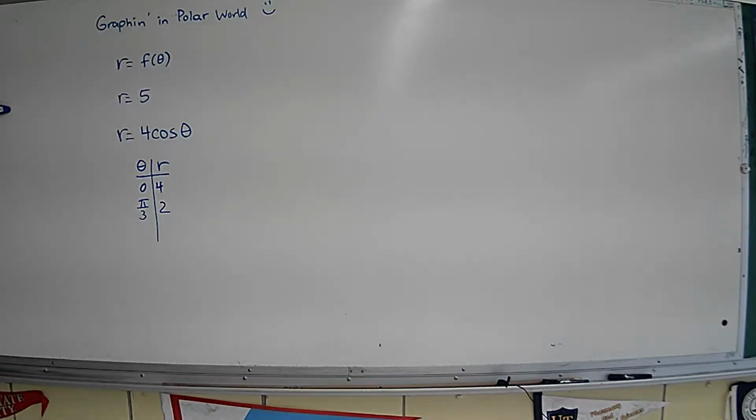Okay. So now let's look at this graph for a second, kids. As theta changed from 0 to pi over 3, what happened to r? It got smaller. As we moved theta out, those r values got smaller. The r decreased.